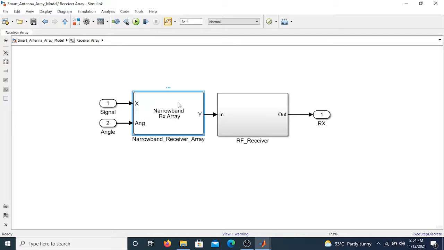Then in terms of the inter-element spacing, we will be varying it from 0.125 lambda up to a point where we feel like our antenna array output or results have satisfied our desired output or results.